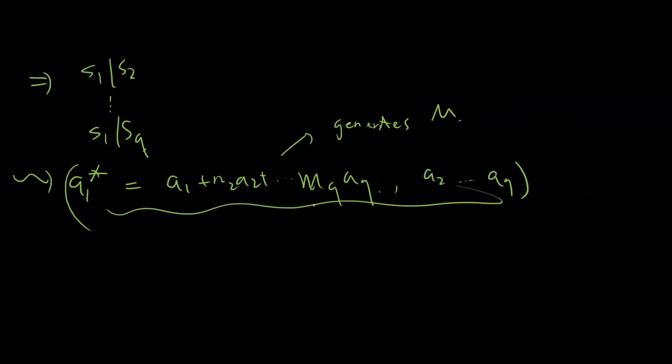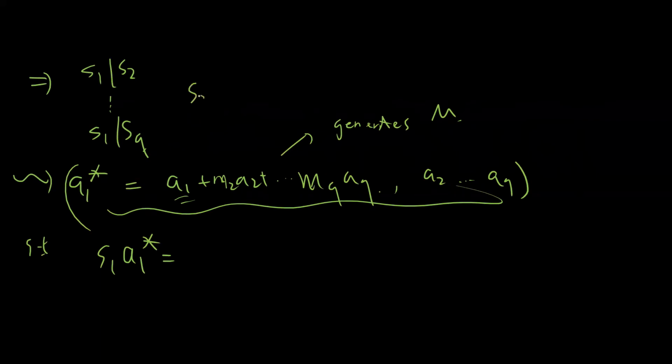You can check this by yourself, because by definition A1 should not be written as a linear combination of the rest. So they not only generate M, but they also have a strange property: S1 times A1 star gives S1 A1 plus S2 M2 up to SQ MQ.